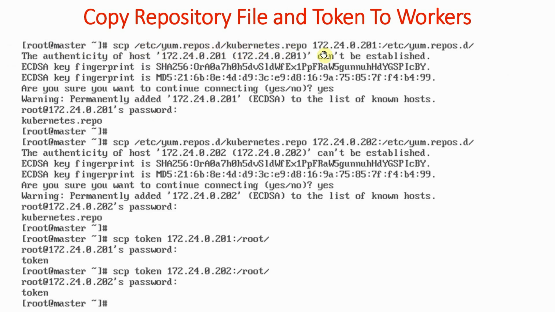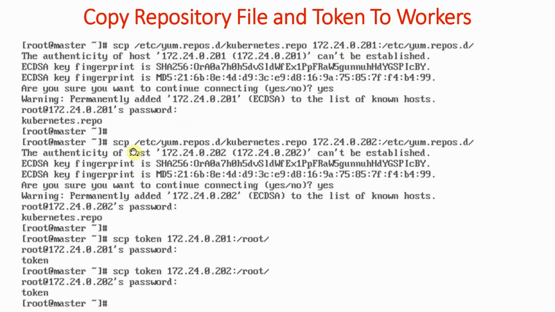This is the name of the file, and we are sending it to the 172.24.0.201 system, into the /etc/yum.repos.d directory. When you run this command the first time, it will ask whether this system is safe, and you have to say yes. Then it will ask for the password of the 201 system. We are going to specify the password, and that means it is going to copy this file.